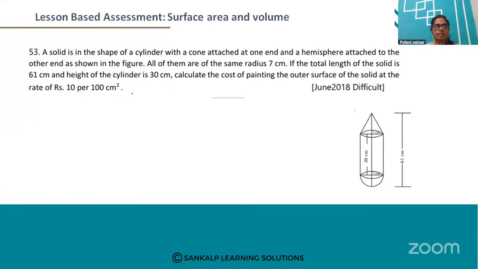So here first we find the height of the cone and the radius of the hemisphere and cylinder.